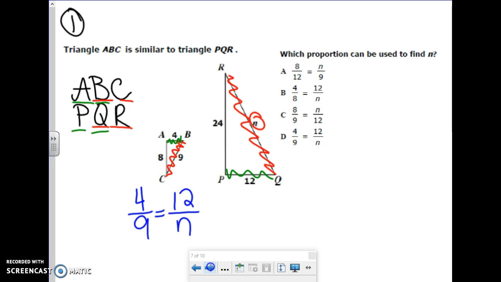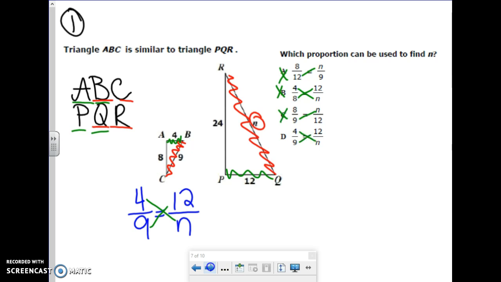Then I look and see who's buddies. Here I have 4 and n, they're buddies, and when 4 is buddied with n, 9 is buddied with 12. So when I check A, it's 12 and n, that doesn't work. B has 4 and n, but then when I look, 8 and n, so that doesn't work. Then when I look at C, 9 and n are buddied, that doesn't work.